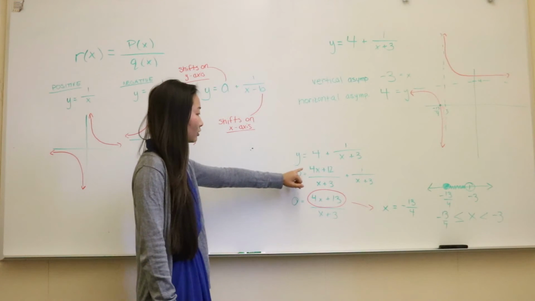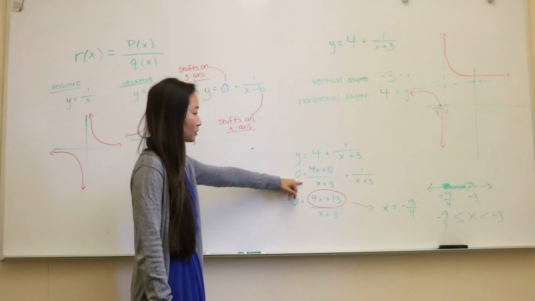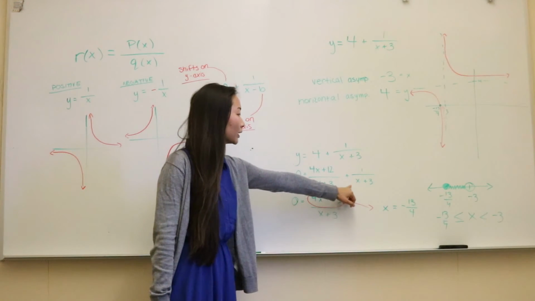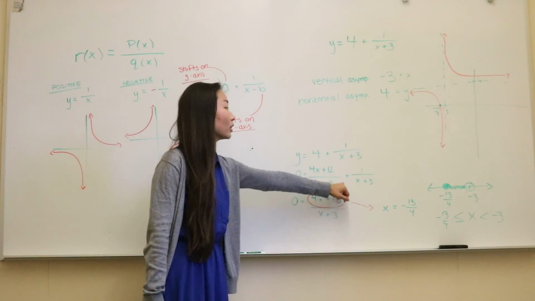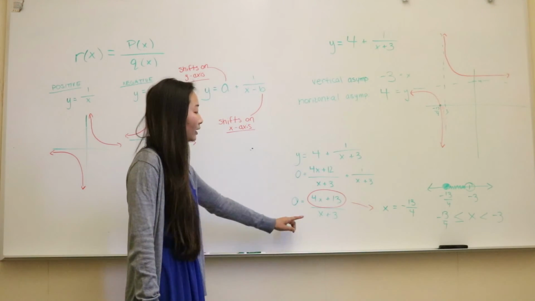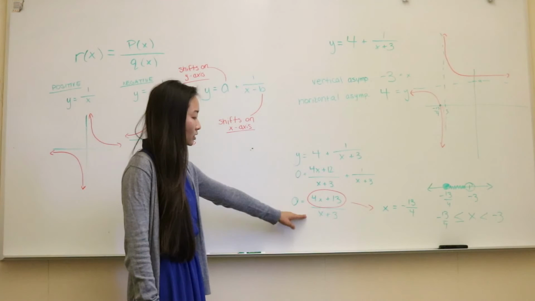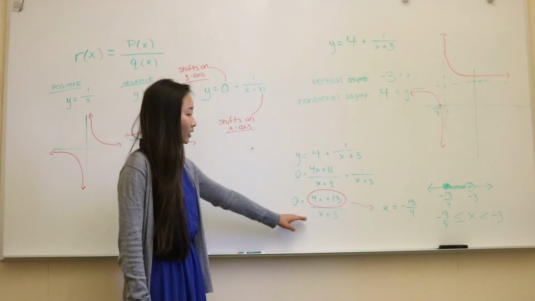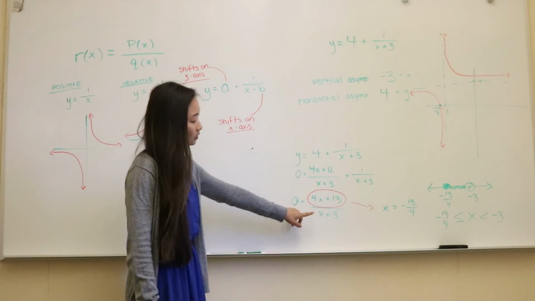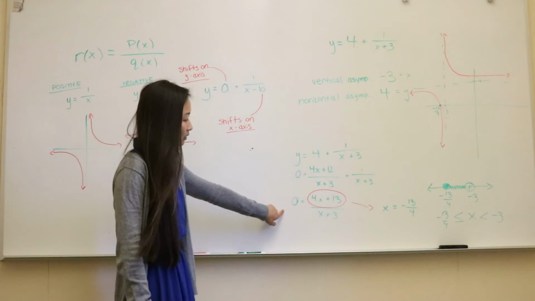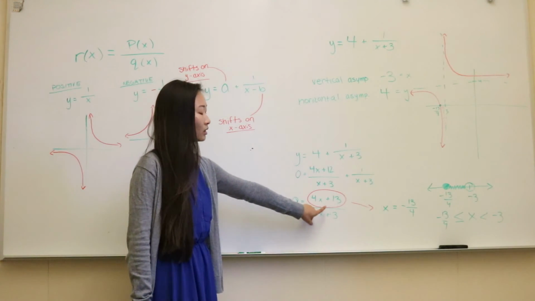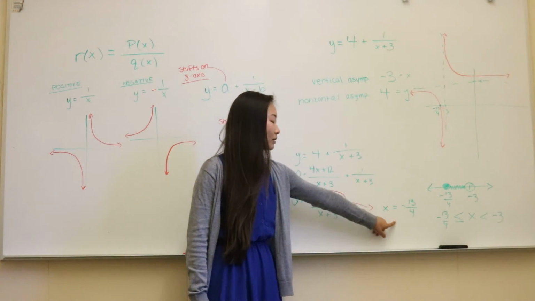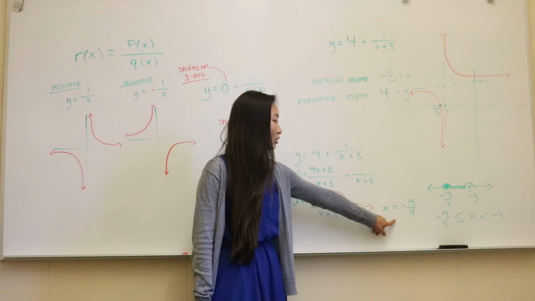So we're going to change the 4 into (4x plus 12) over (x plus 3), and then add 1 over (x plus 3). And then it'll turn into (4x plus 13) over (x plus 3). And then since it's 0, multiply (x plus 3) over to 0, you'll end up with 4x plus 13, which will lead to our x-intercept at -13 over 4.